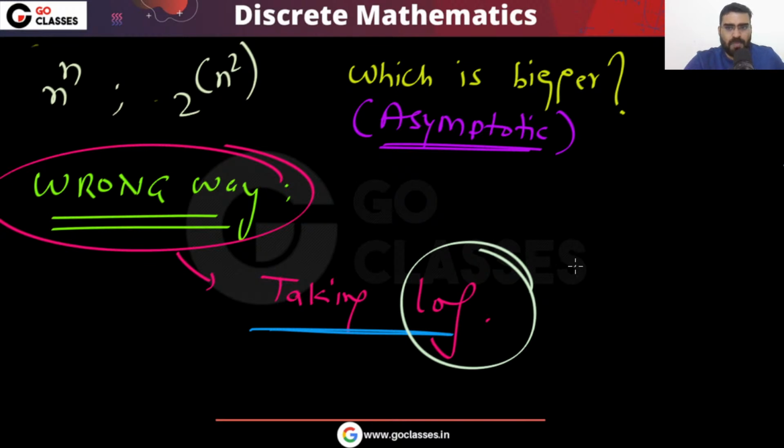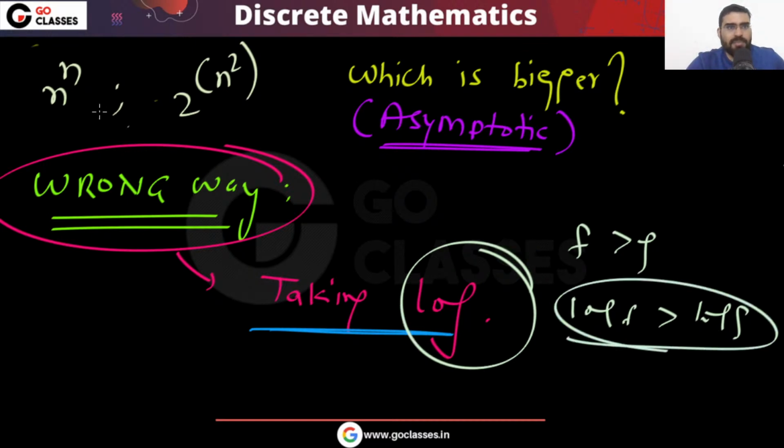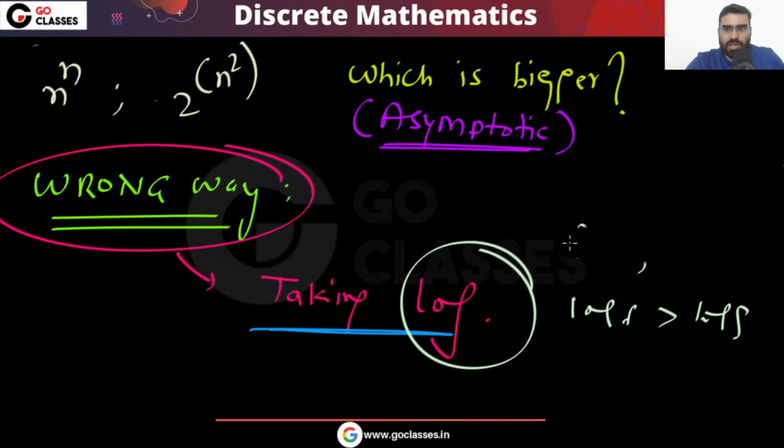So if f is bigger than g, then log f will also be bigger than log g. But the most important point is that because of this logarithm, the asymptotic growth can become equal.